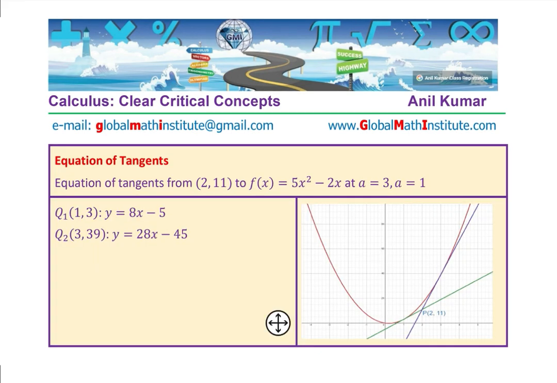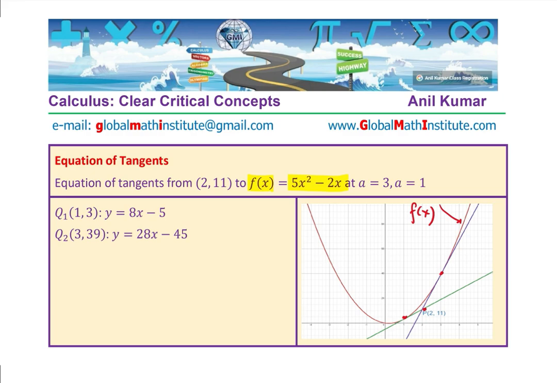And here is what we visualized. So here's the graph from the graphing calculator. The parabola is given to you, which is f of x equals 5x squared minus 2x in red. So that is the parabola we're talking about. And on this parabola, we have an external point away, and the 2 points which we are looking at are at 1, which is 3, and at 3, the value 39, right? So those 2 points.